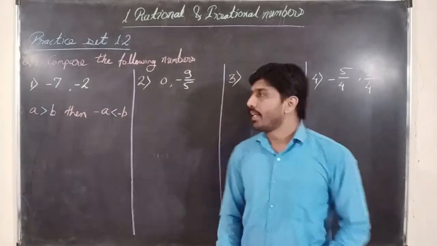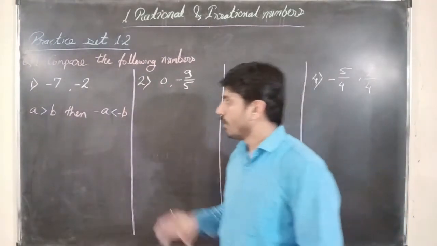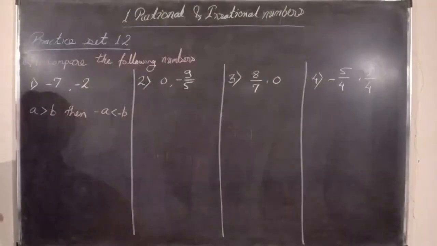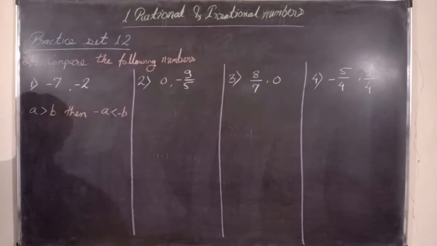We will start with practice set 1.2. The first question is compare the following numbers. First example is negative 7 and negative 2.